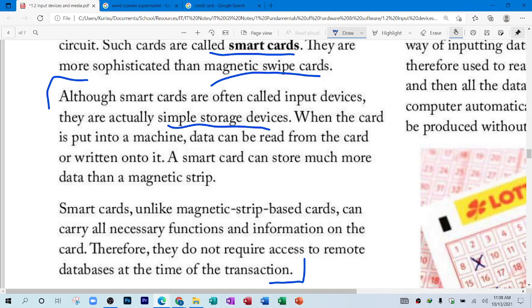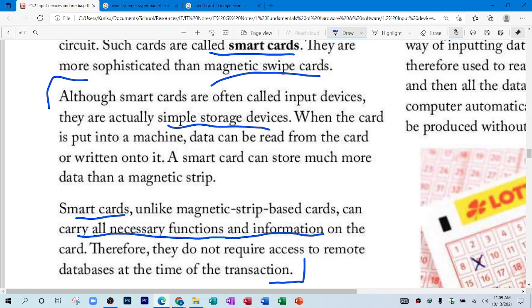A smart card can store much more data than a magnetic strip. Smart cards, unlike magnetic based cards, can carry all necessary functions and information on the card. Therefore, they do not require access to a remote database at the time of the transaction.